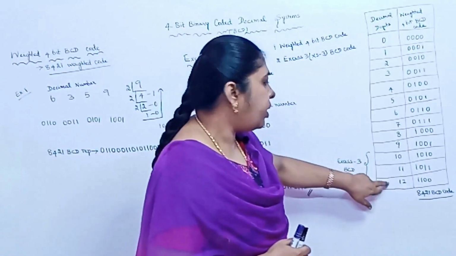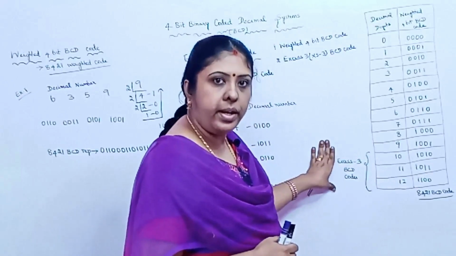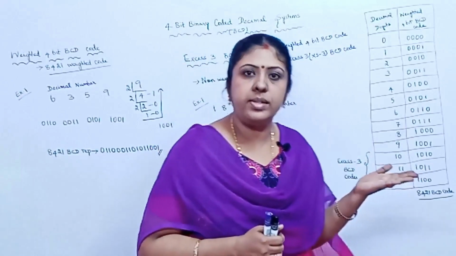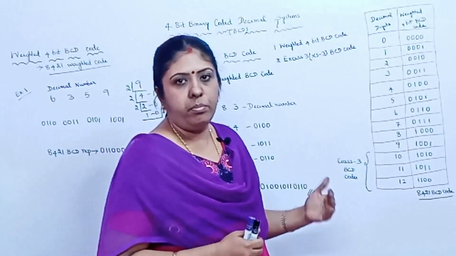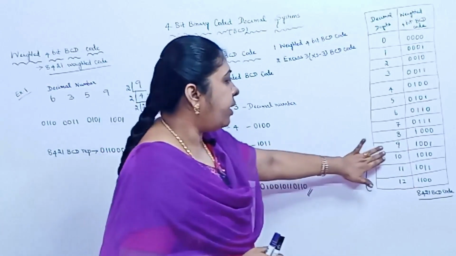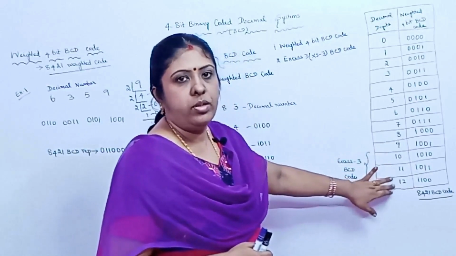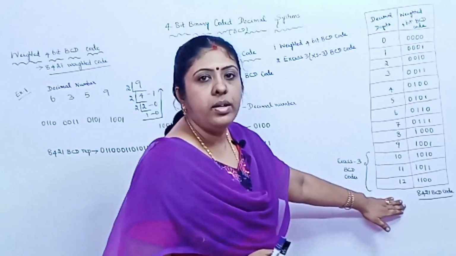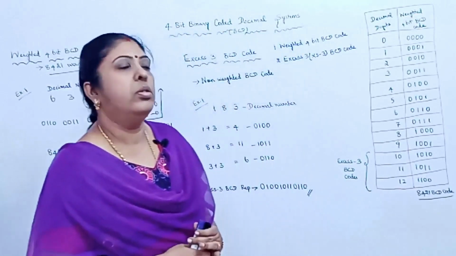So 10, 11, 12 values are represented for XS3 BCD codes. That is the maximum: decimal digits from 0 to 9, and when adding 3 we can get values as maximum as 10, 11 and 12.